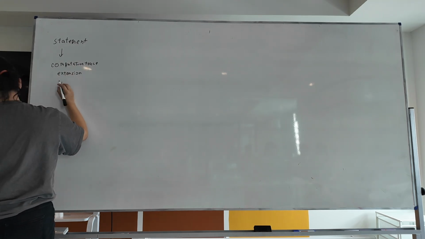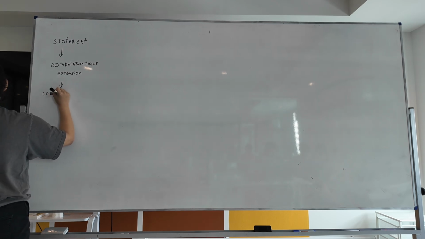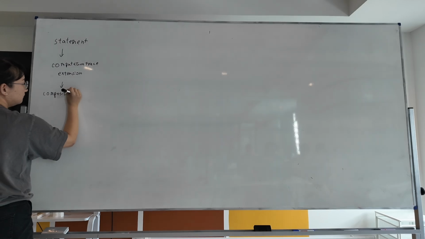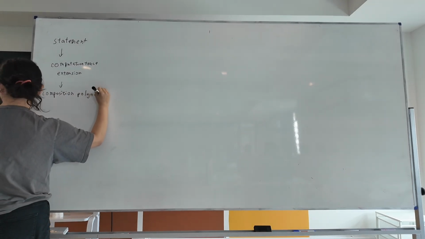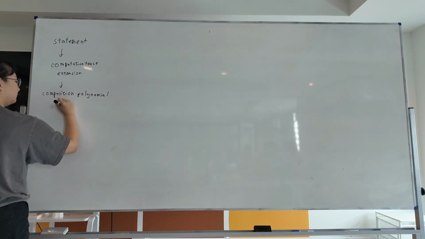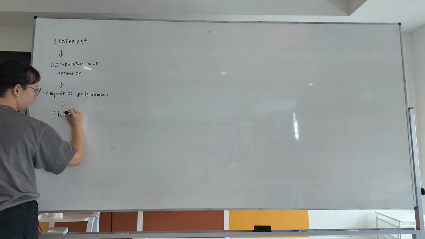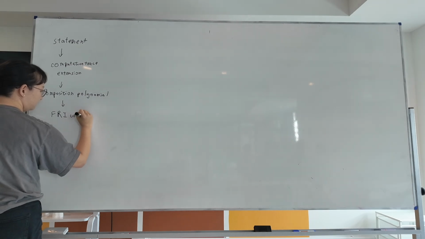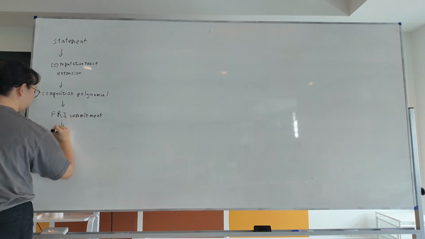And then we're going to look at the composition polynomial. And then FRI commitment. And then query.